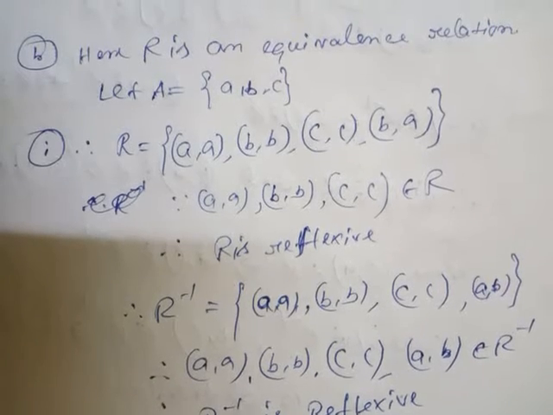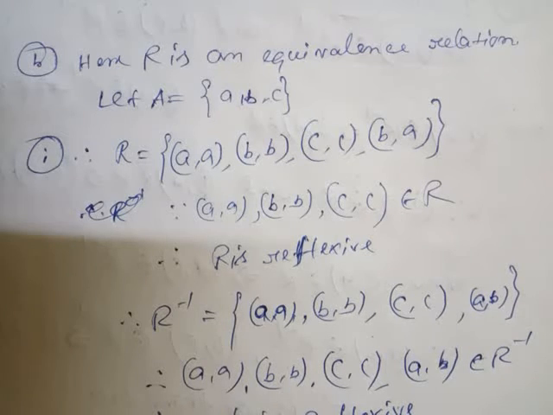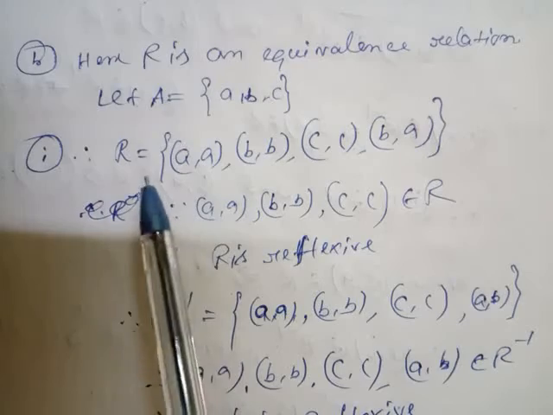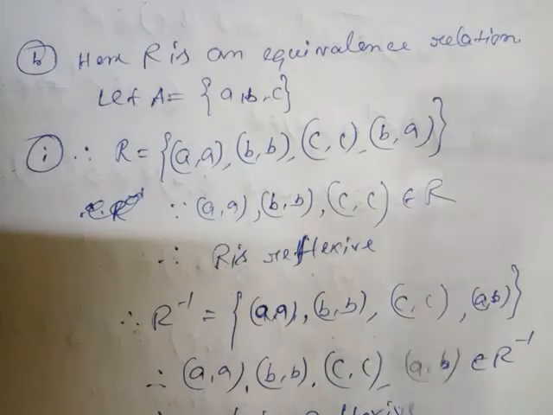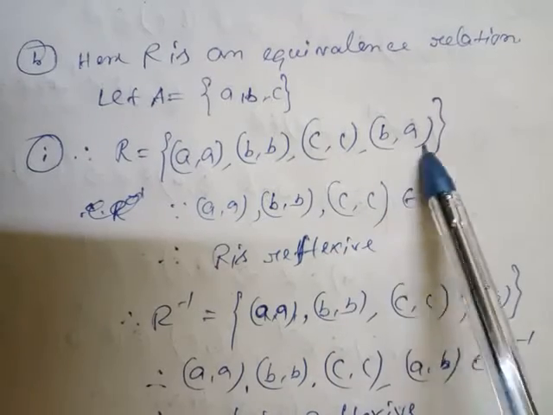Look student, now 9b, the question is, if R is an equivalence relation, then R inverse is also an equivalence relation. Now look, if R is an equivalence relation, which means it has to satisfy the reflexive, transitive and the symmetric. Now look, here first one, let A equal to {a, b, c}, so R equal to {(a, a), (b, b), (c, c), (b, a)}.